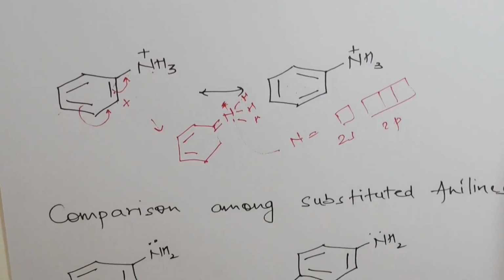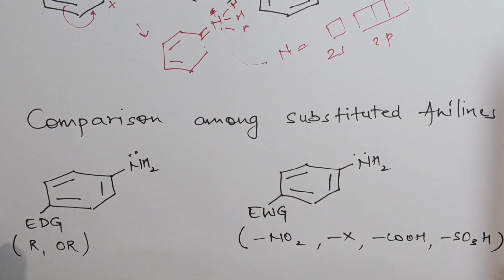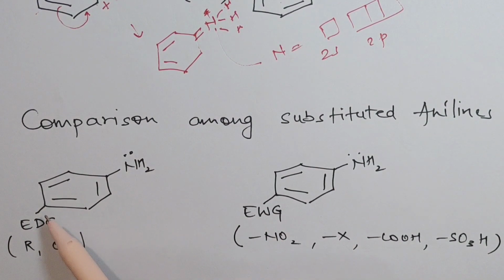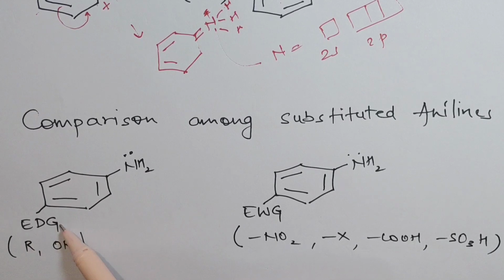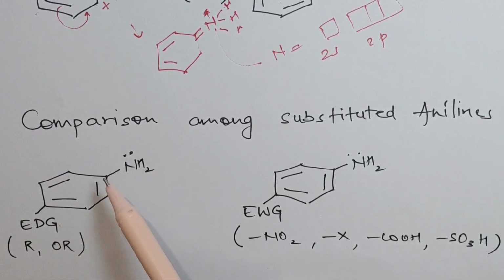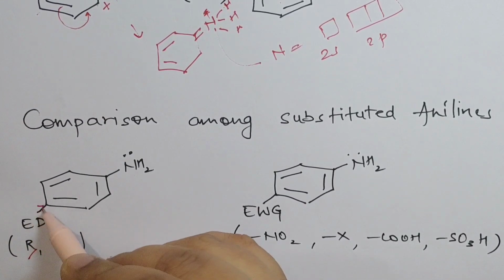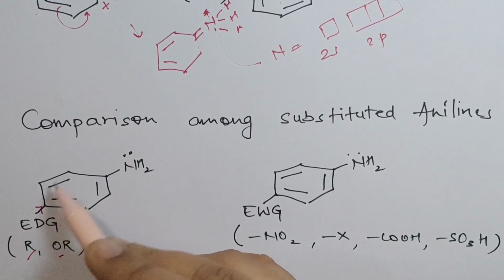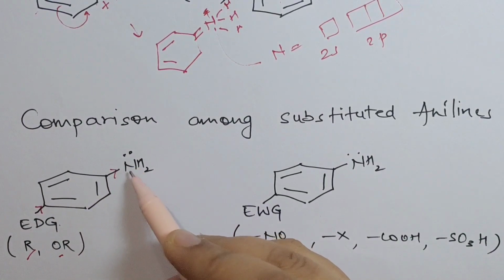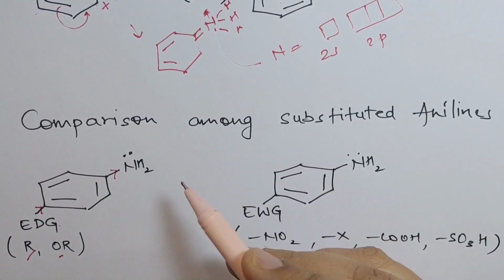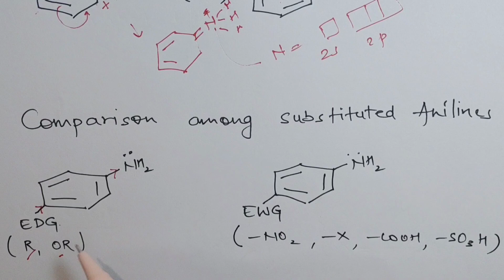Moving on, when we compare substituted anilines, there's a very simple formula, a very simple trick. If there is an electron donating group substituted with aniline, such as alkyl or OR, they tend to increase the electron density on the benzene ring, therefore increase the electron density on nitrogen, which would be used to grab the proton, therefore justifying the basic character, right?